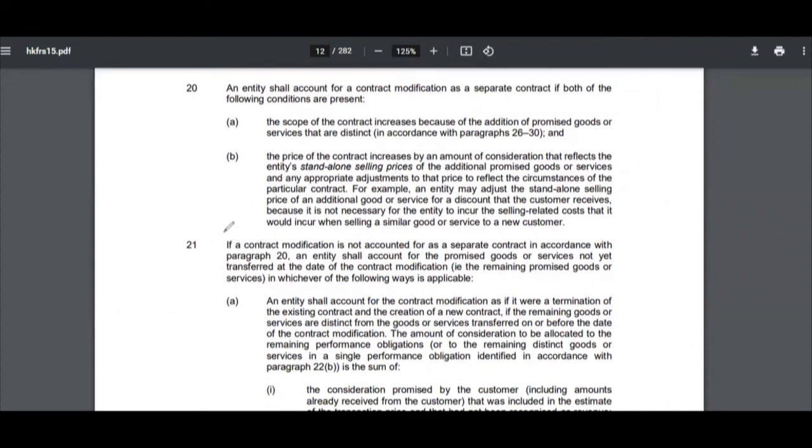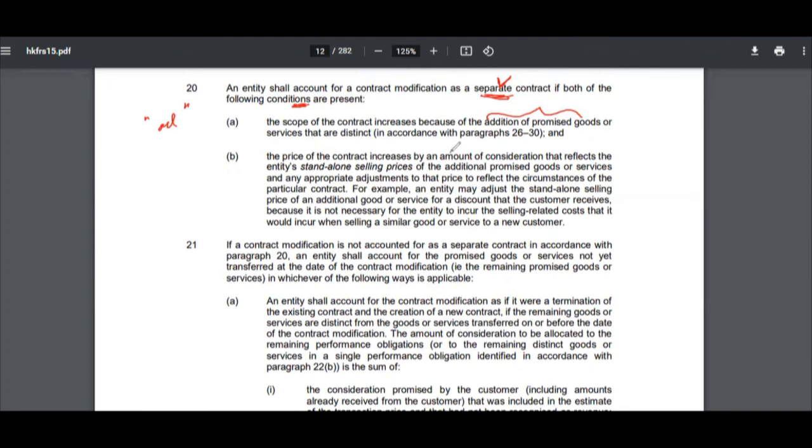Paragraph 20 says the entity shall account for a contract modification as a separate contract if both of the following conditions are present. Again, all the conditions must be met in order for the contract modification to be accounted for as a separate contract, right? The scope of the contract increases because of the addition of promised goods, so that's part of it.